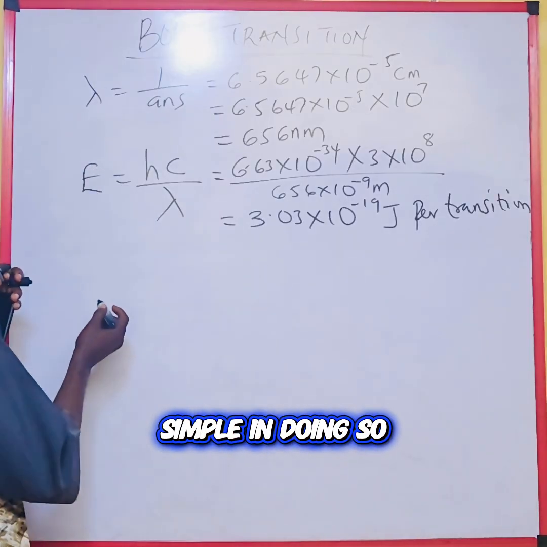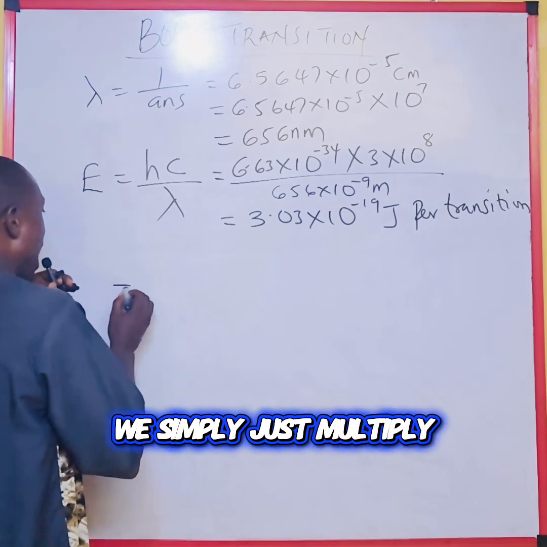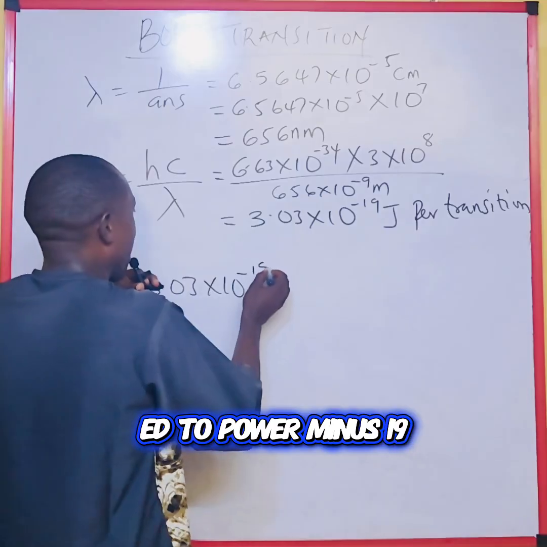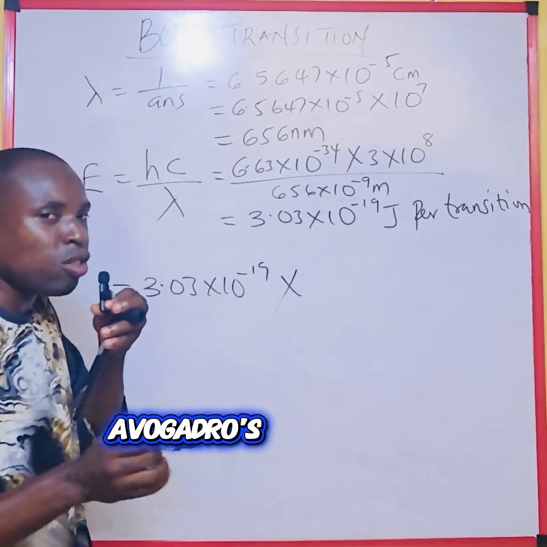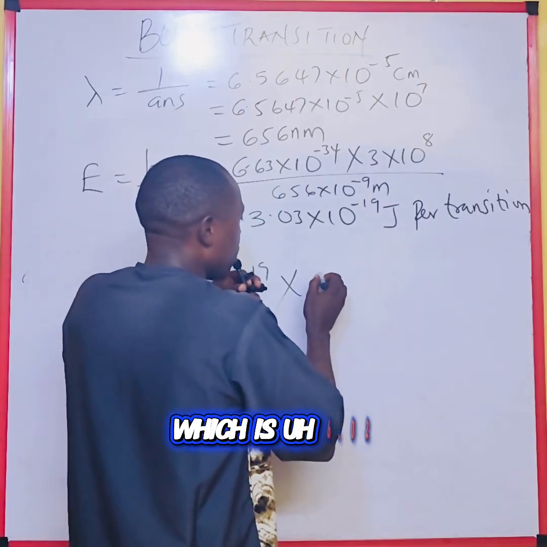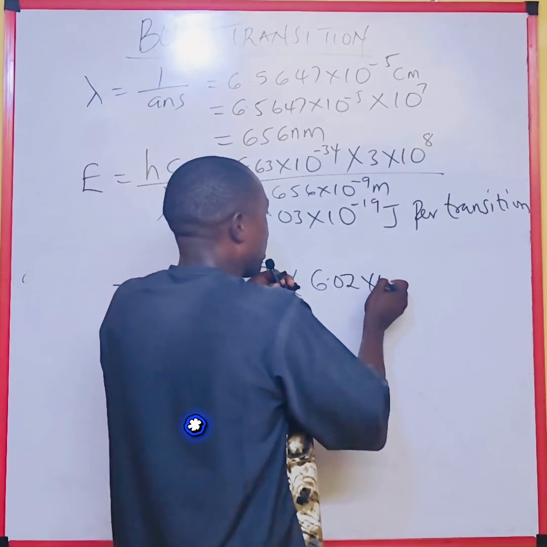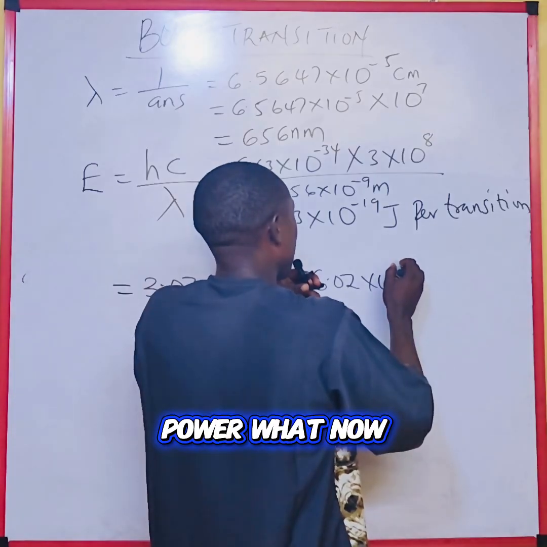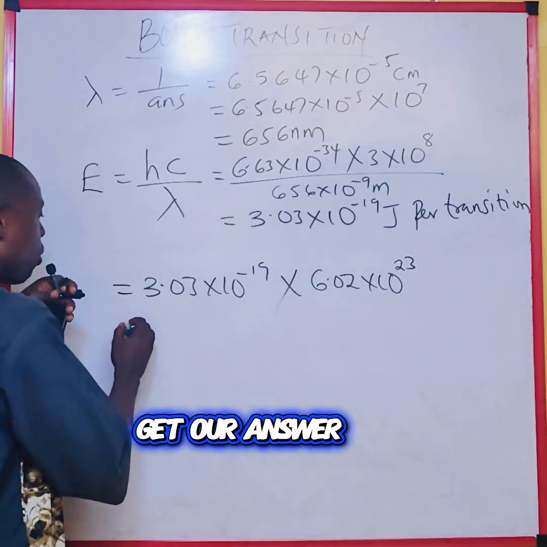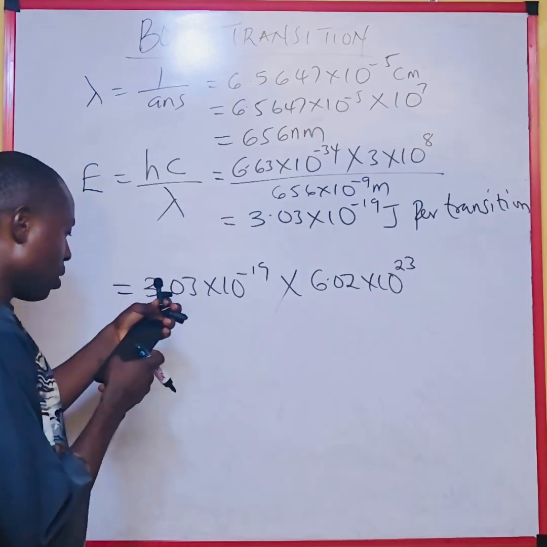In doing so, we simply multiply 3.03 times 10 raised to the power minus 19 by Avogadro's number, which is 6.02 times 10 raised to the power 23.